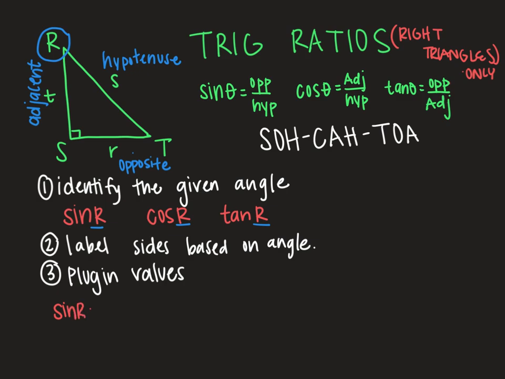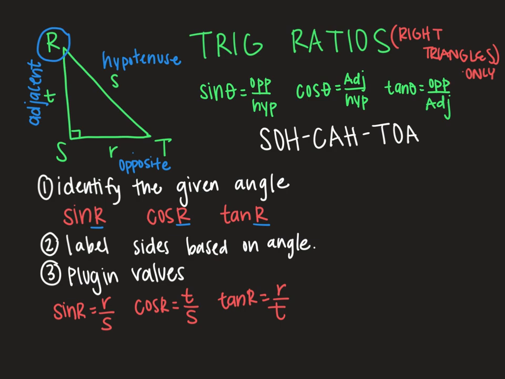Since sine is opposite over hypotenuse, my opposite side is r and my hypotenuse is S. My cosine of angle R: cosine is adjacent T over hypotenuse S. And then tangent of R is my opposite side r over my adjacent side T. So these are my trig ratios.